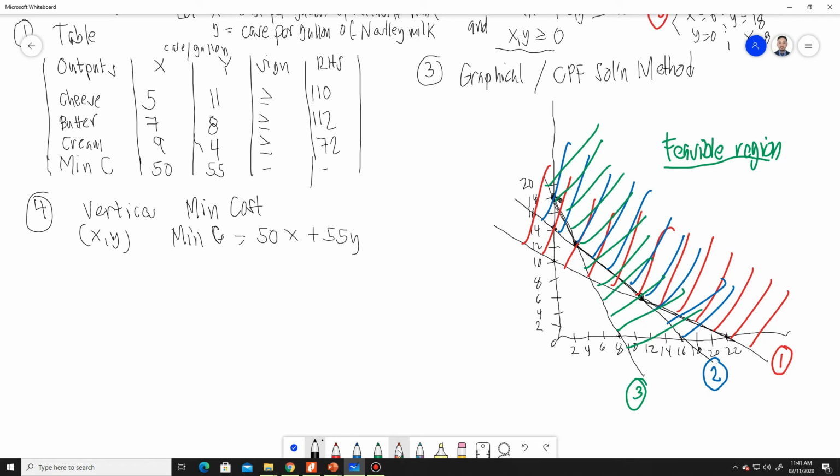Okay, so for this vertex, this is 0 and 18. We substitute 0 and 18 to the objective function. We will get $990.